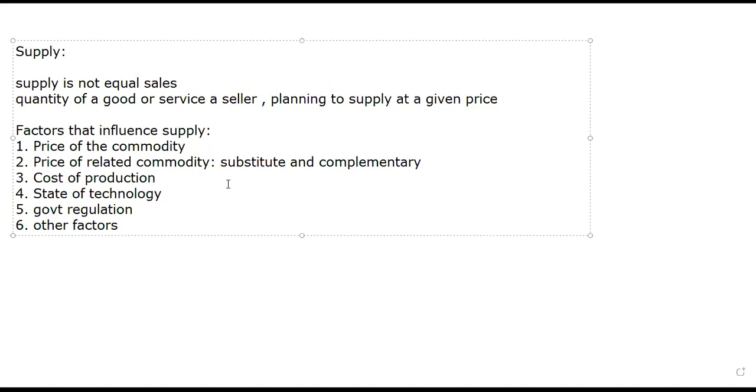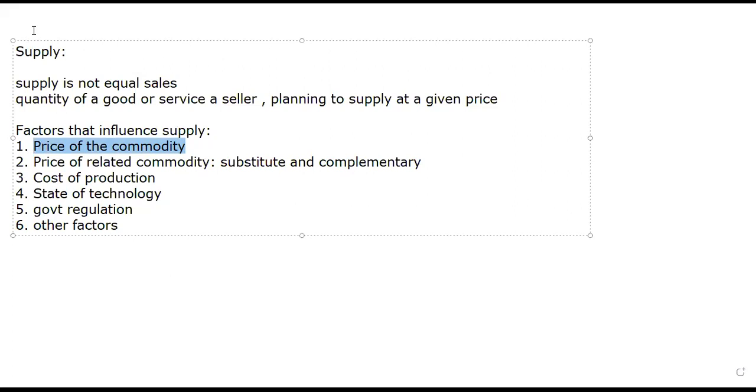Finally, they'll come to an end of producing the commodity when they find that there is a huge amount of stock available. And they know that they are not going to get any price because there is a huge amount of stock being piled up. So the influencing factor of supply initially in the first case itself is the price of the commodity.